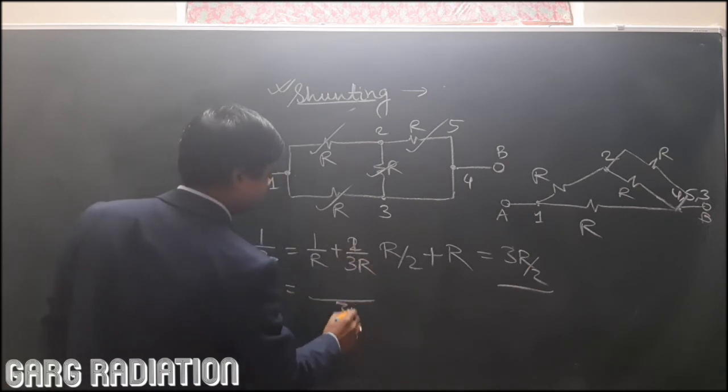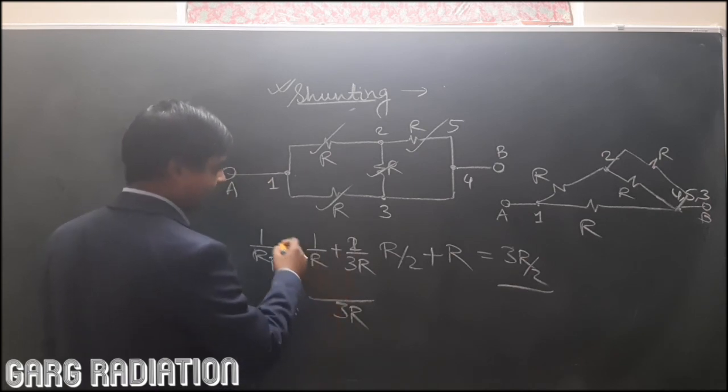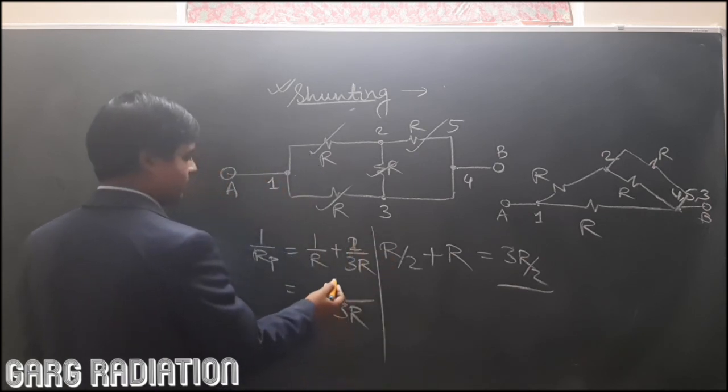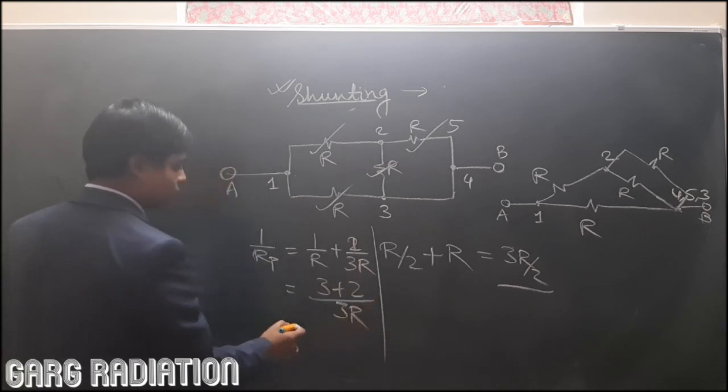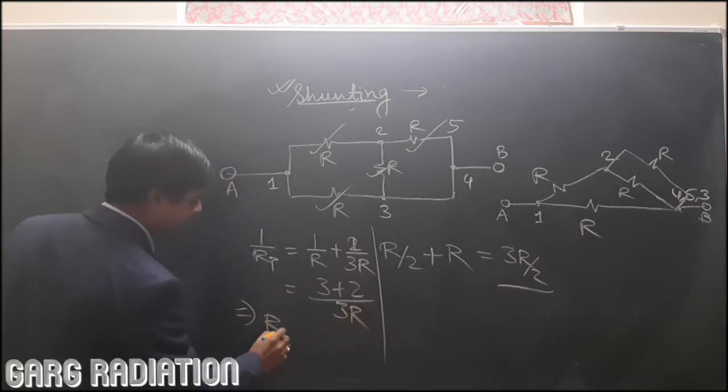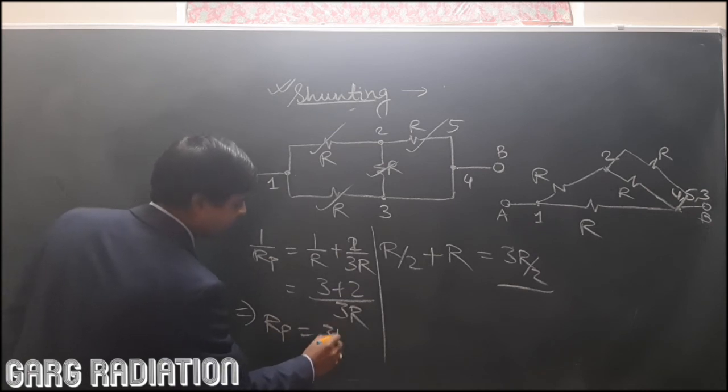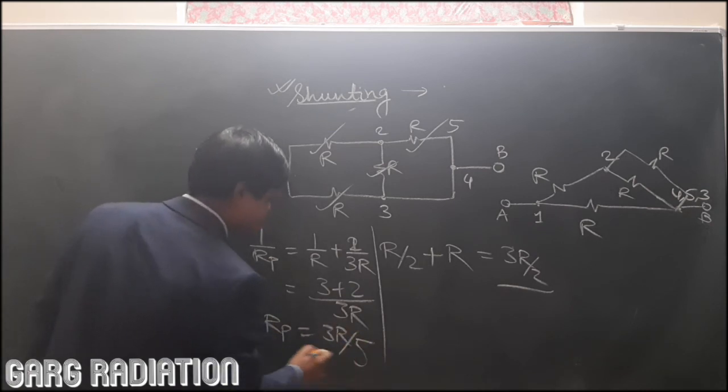So 3R is our LCM, and what do you get as the answer? Obviously here we get 3, here we get 2. So the final answer we get is Rp equal to 3R by 5.